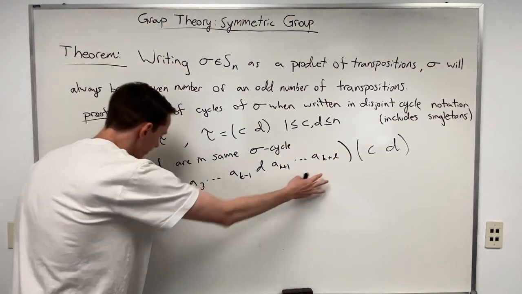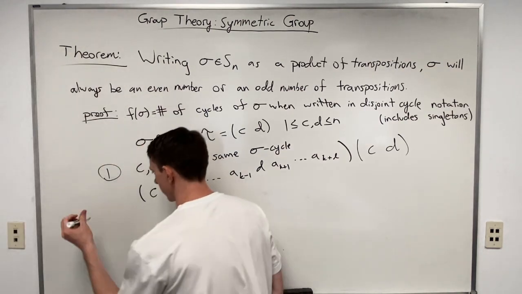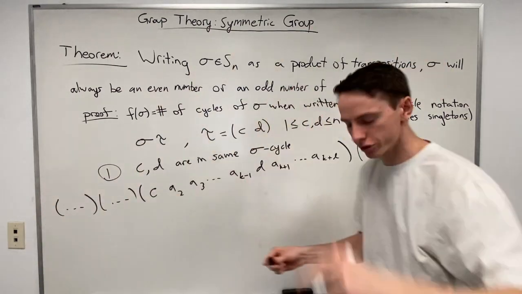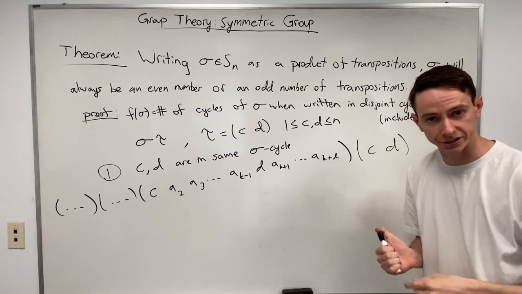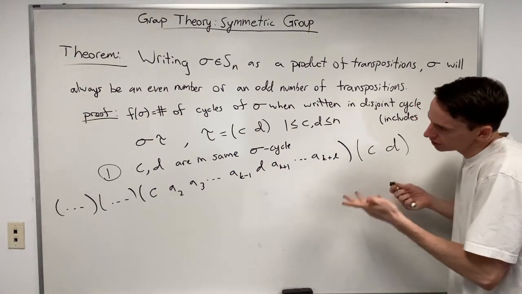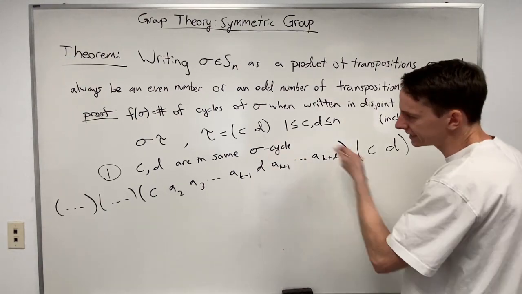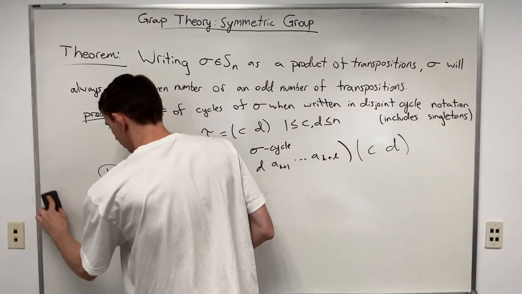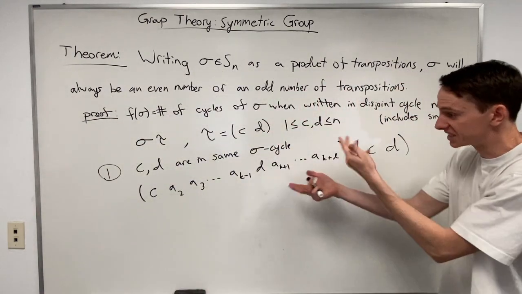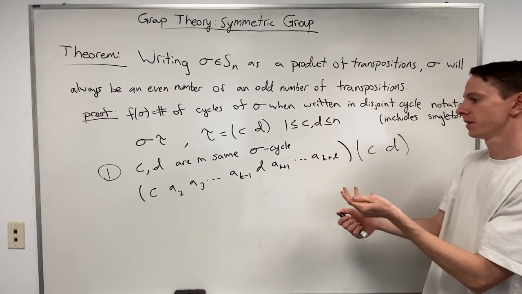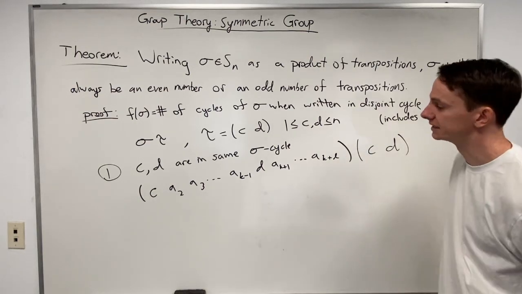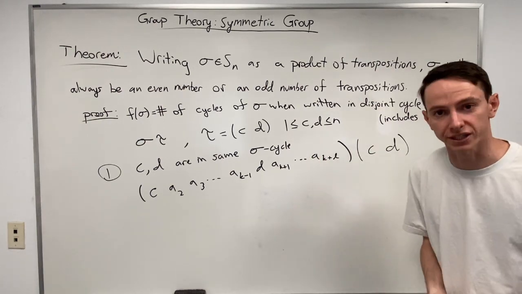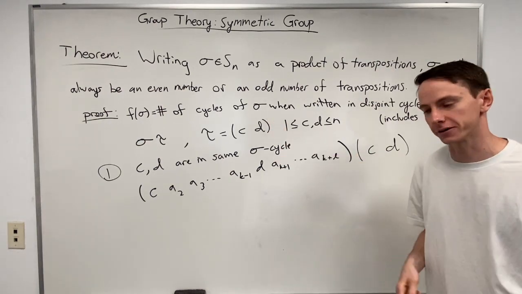The numbers in here can't be the numbers in any of the other cycles, whatever they may be, if they even exist. So when we say c and d are in the same sigma cycle, we can just look at the specific cycle from sigma that contains c and d and see how the number of cycles gets affected, because everything else is unaffected.